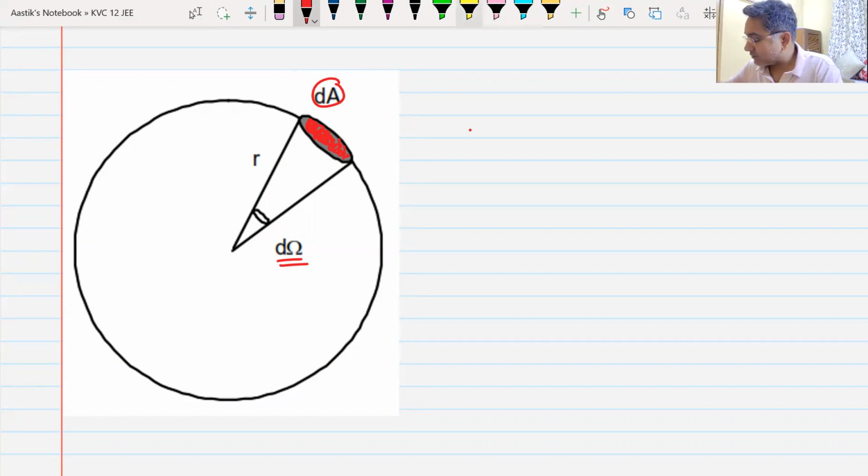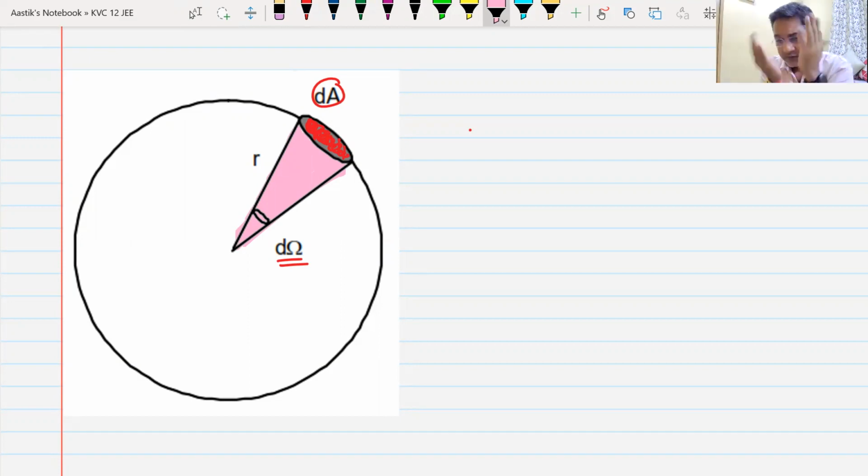Imagine this is an ice cream cup, full of ice cream, pink one. So what I have done is every point on that surface has been joined to the apex of that cone.